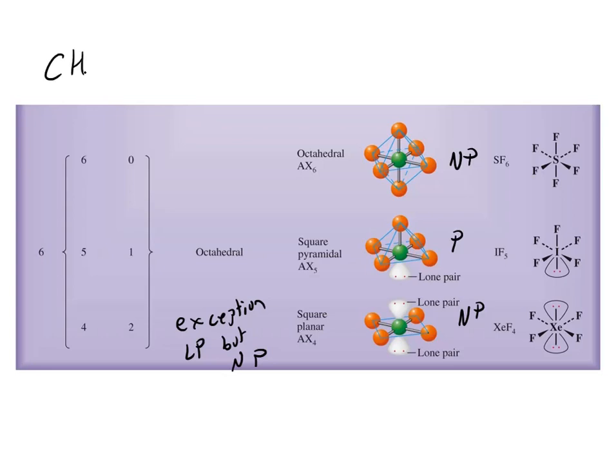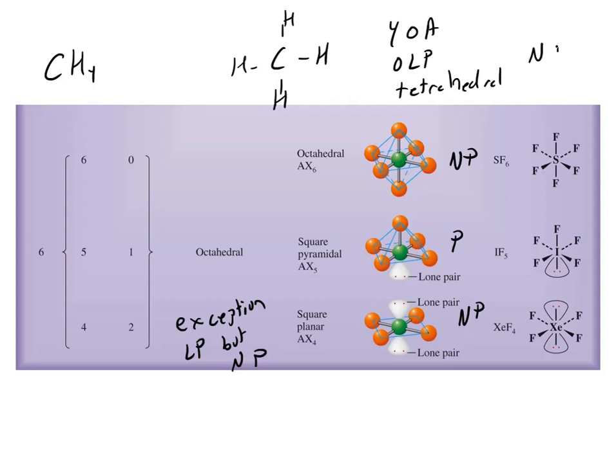If I have CH4, it's carbon with 4 hydrogens around it. So it's 4 outside atoms, 0 lone pairs, and tetrahedral. And it's nonpolar. If I change just one element, make it CH3Cl, or CH3F, though chlorine's more common, I still have carbon with 3 hydrogens.